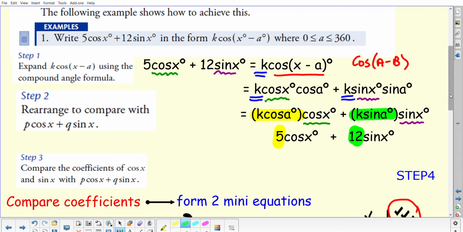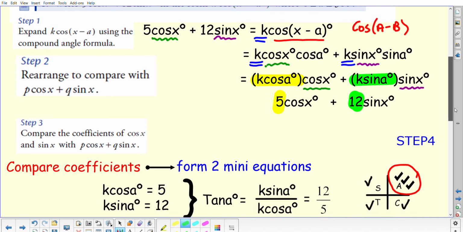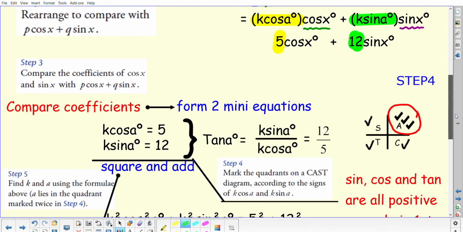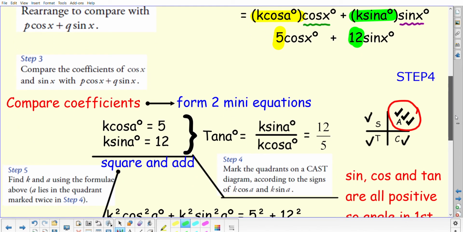So what that does, right, is that, so this step 2, rearrange to compare with p cos x plus q sin x. So that's this bit. Step 3, compare the coefficients, and that's what we're doing, and then from that comparison of coefficients, you form two mini equations.